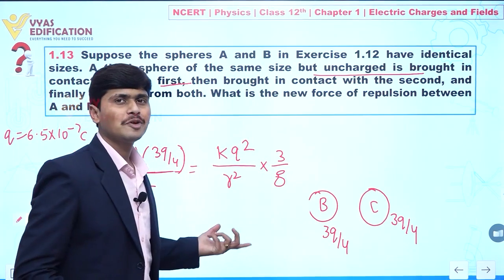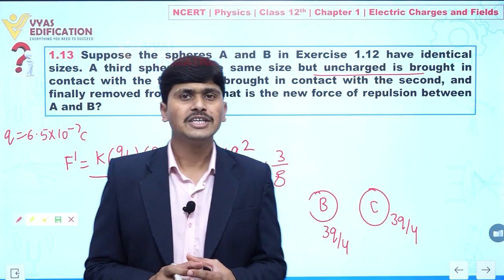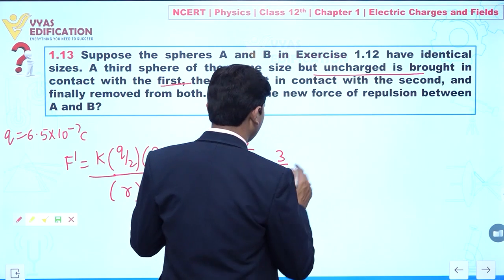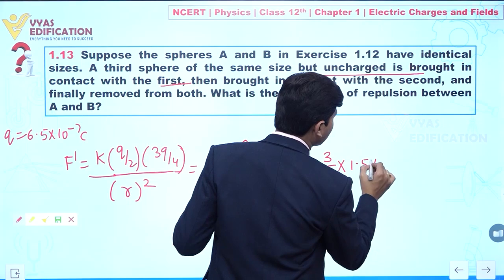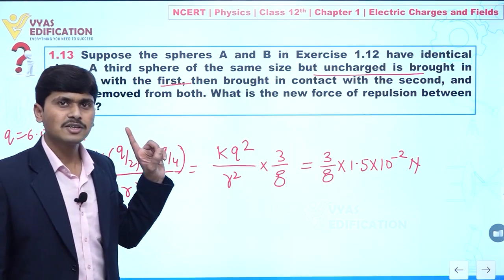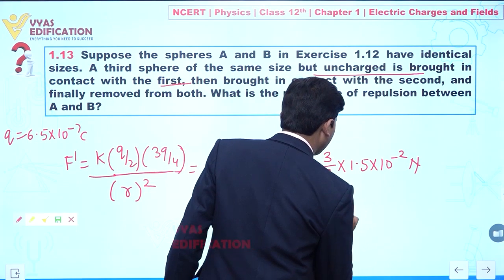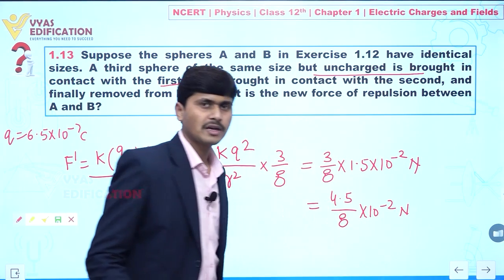Now KQ square upon R square is the force of repulsion that we found between A and B initially, clear. So we utilize that force, the value 1.5 into 10 to the power minus 2 Newton. This value we utilize from the previous question, clear. So we can write 4.5 divided by 8 into 10 to the power minus 2 Newton, clear.